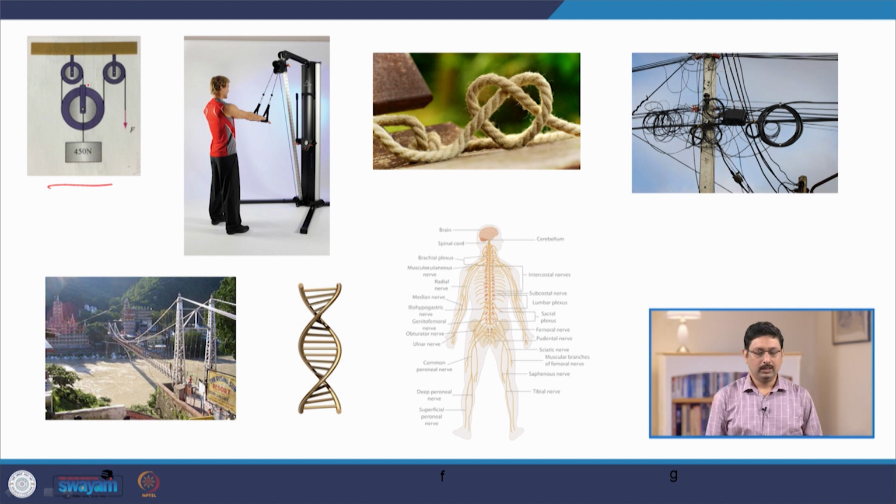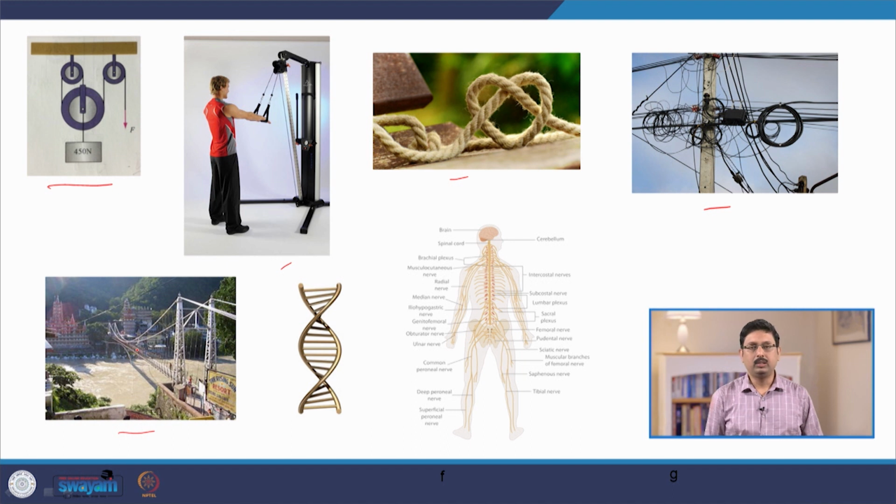However, if you look around yourself, ropes are very common, not only in the pulley but in various other situations. For example, you will find them in some gym machines, or they are used for binding something, the electrical cables, etc. Their applications are found in a wide variety of situations, starting from man-made structures such as the famous Lakshmanjula bridge in Haridwar, and even inside our body.